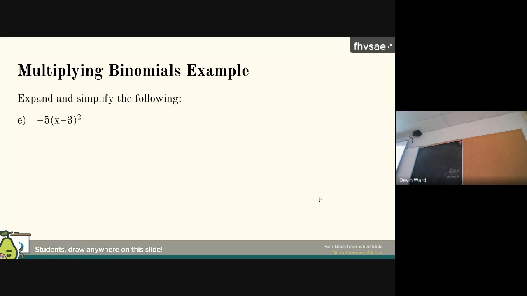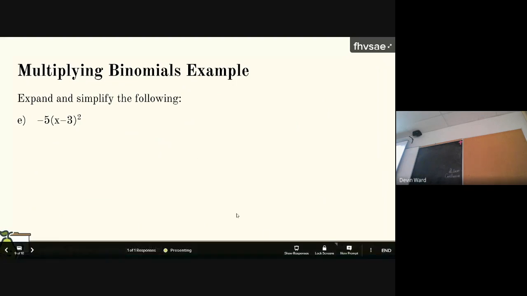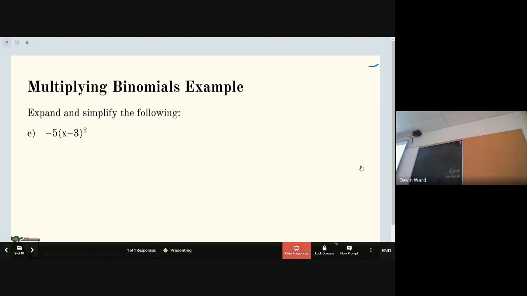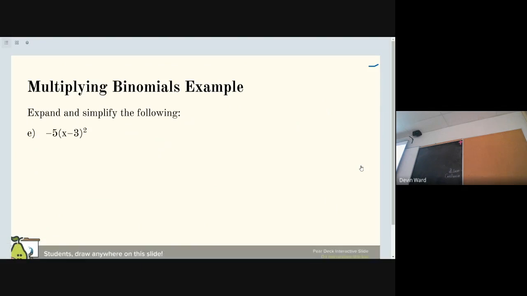So here again, we have a number out front, and we're going to make this into multiplying binomials together. Okay? So remember, if it's x minus 3 squared, we're just multiplying x minus 3 together with itself. Okay, so we'll have negative 5.